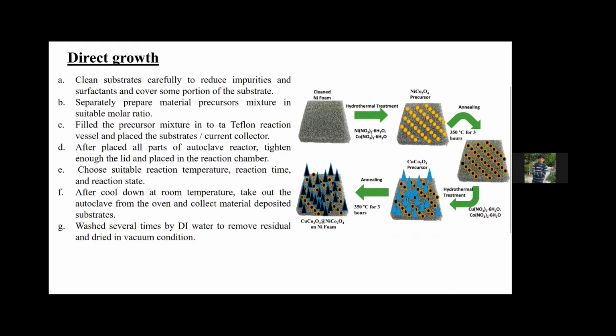So from hydroxide to oxide formation, we generally do annealing, in any gas, whether argon or nitrogen or oxygen or any other environment. Once this annealing is finished, we get the metal oxide directly deposited onto the substrate, and we can use it for supercapacitor application.